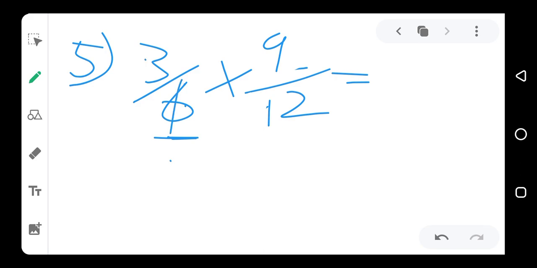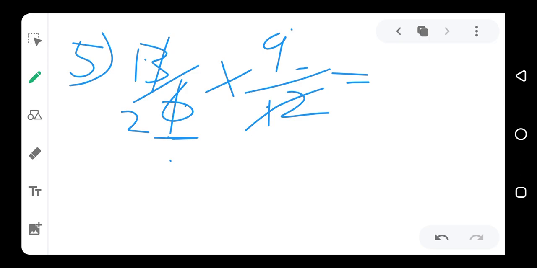Yes. 3 can divide 6 and get 2. And 3 can divide 3. That is 3 divided by 3. We get 1. Then we come to 12. Is there anything that can divide 12 and divide something on top?